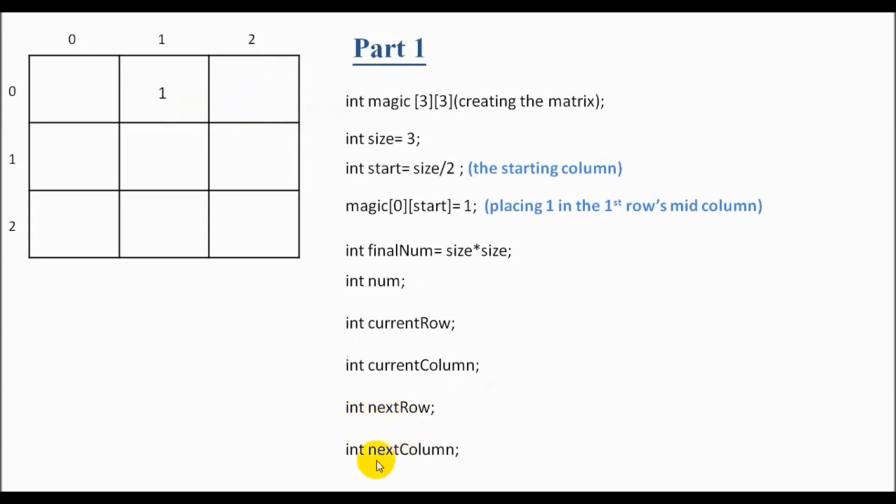The next row and next column variables are going to indicate the next row number and next column number in the matrix.